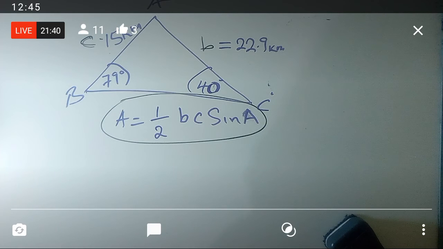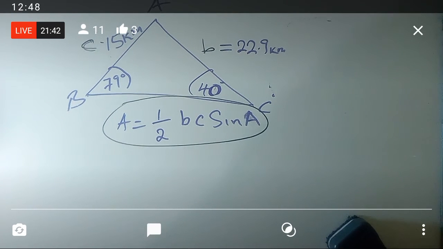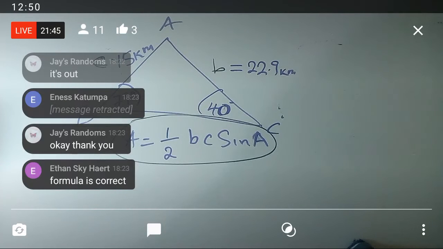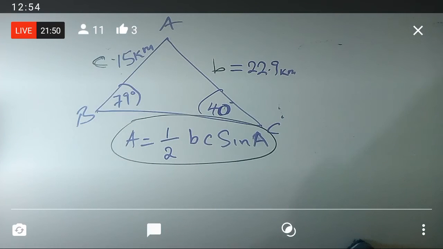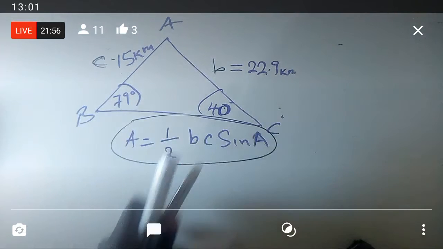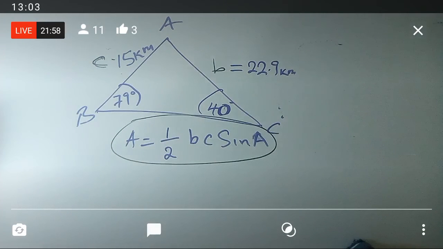This is where we need to be very careful. What is our capital A? Could you just find what is our capital A? Capital letter A. What is it? Is it 79? Is it 40? Somebody just compare or just tell me what is our A?